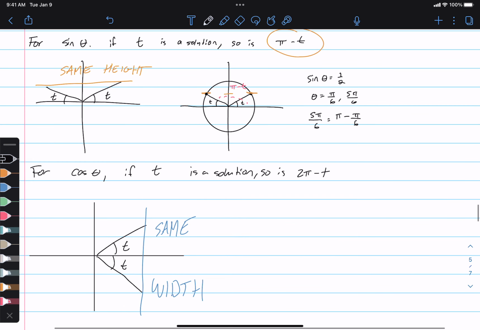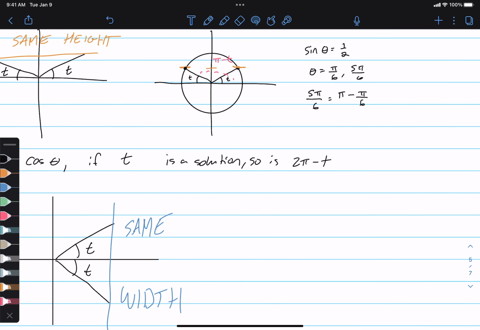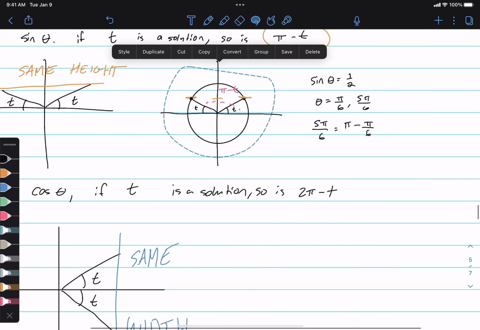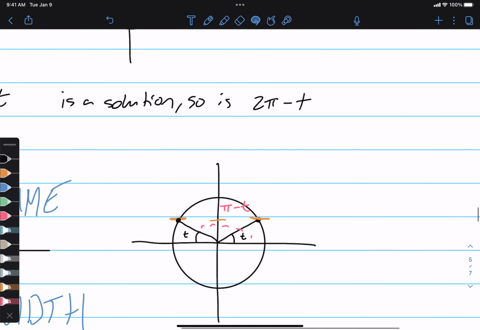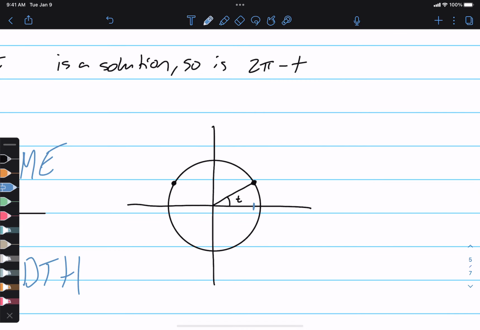So on the other hand, for cosine of theta, if t is a solution, then so is 2 pi minus t. So I'm going to copy this over. We're talking about cosine now, right? And we have this angle right here, this angle t, and it lies at some width, right? So if I can erase this, it lies on this width, right?